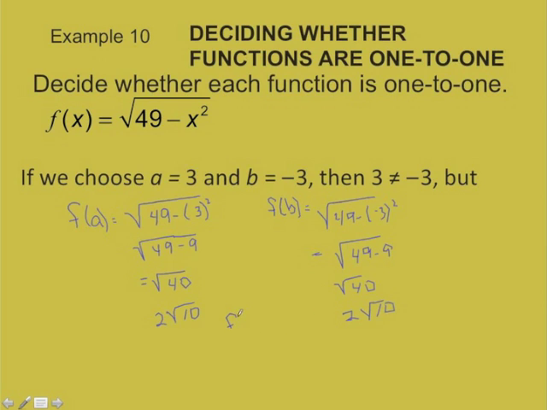Here we have f of a equals f of b. But we already knew that a did not equal b. So this is not one-to-one. It's not one-to-one.